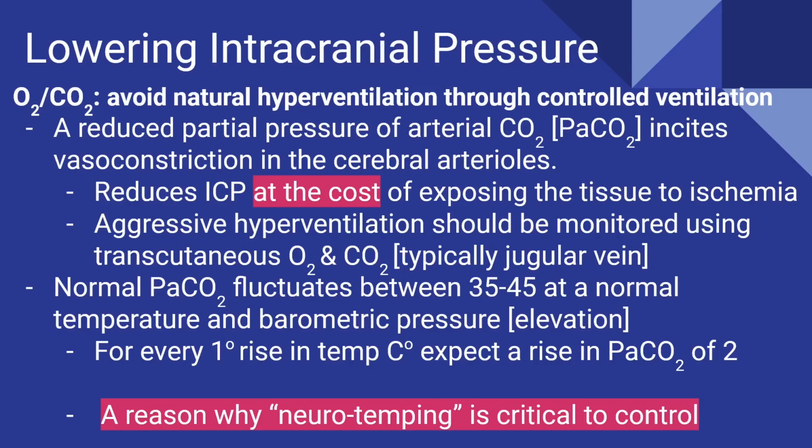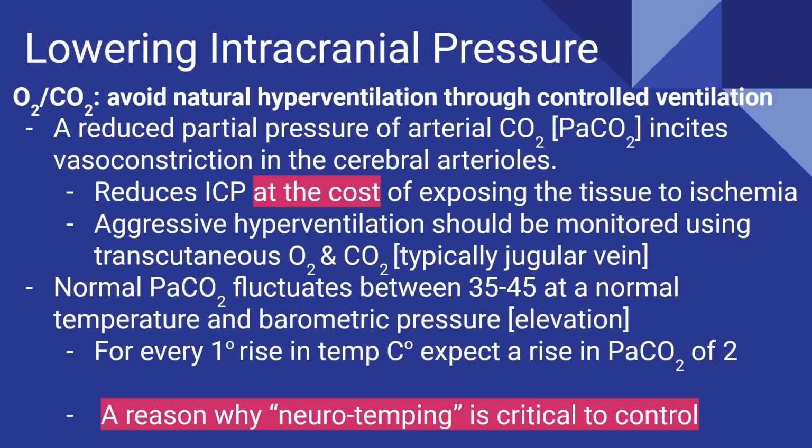Some other things that can cause a change in ICP or indirect changes to the ICP can be temperature. So for every 1 degree increase in Celsius of your temperature, you could expect a rise in the PaCO2. And once we said there was a rise, we said that there is dilation. When there's a decrease in CO2, there's constriction.